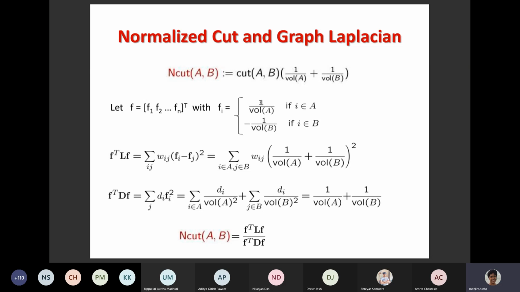So the element of fi will be positive 1 by volume of A if the element is from A, and if it is from cluster B, it will be minus 1 by volume of B. Then F transpose times the Laplacian of the graph times F is the summation of Wij into (Fi minus Fj) square, which depends on whether i or j belongs to cluster A or cluster B. If i belongs to A, it will be 1 by volume of A, and if j belongs to B, it will be minus 1 by volume of B. So Fi minus Fj will be (1 by volume of A plus 1 by volume of B) whole square.